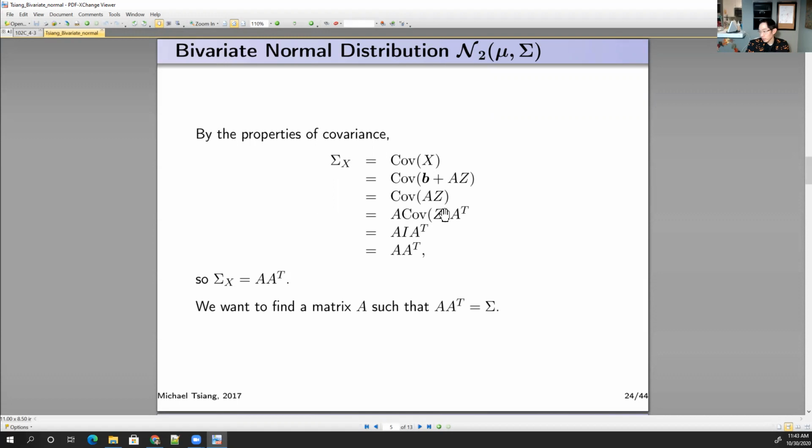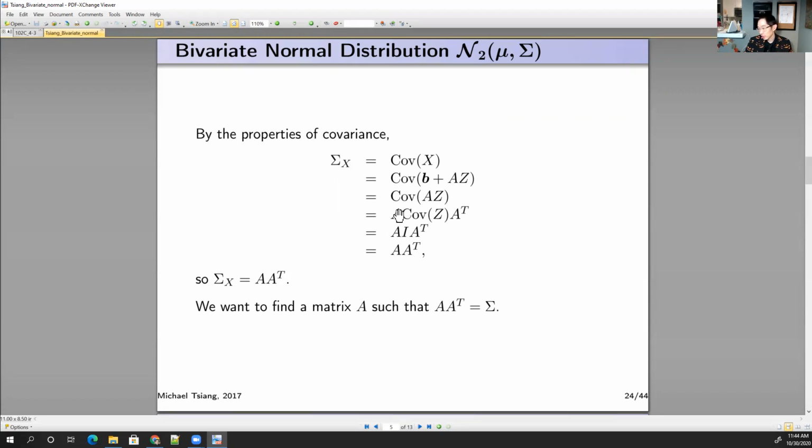So now I've got the covariance of z here. Anytime you pull a matrix out of a covariance, just like when you pull a constant out of the variance, where you square that constant, here you get A times the covariance of z times A transpose. The covariance of our random variable z is the identity matrix, because there's no covariance between z1 and z2, and the variances of z1 and z2 themselves are just 1.